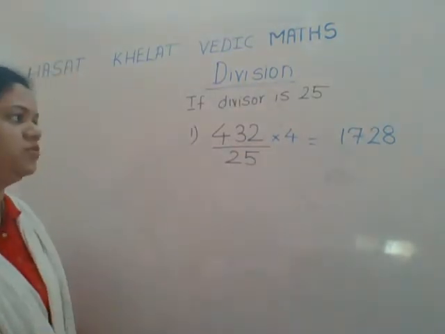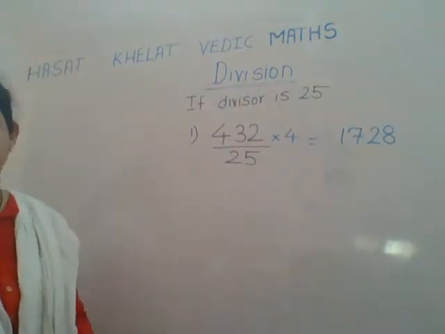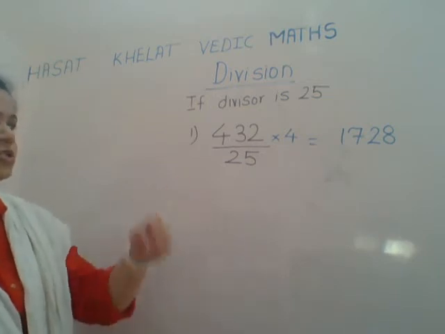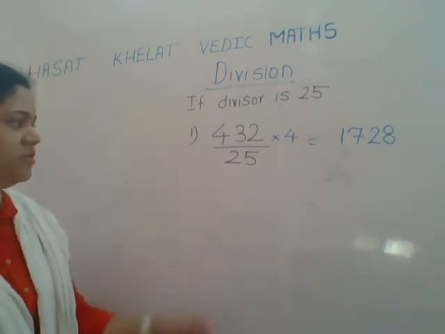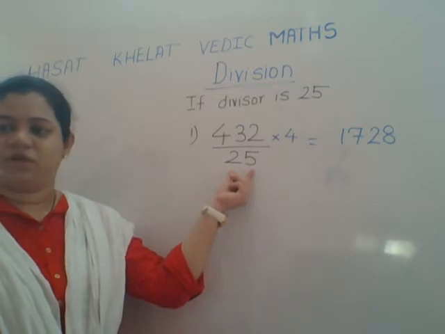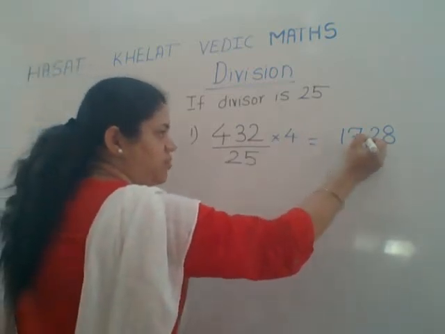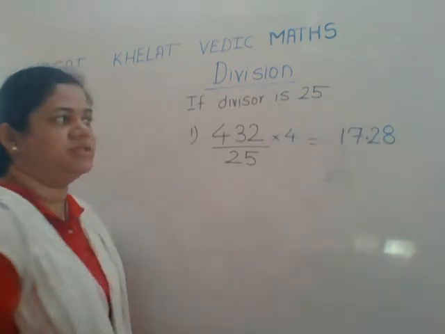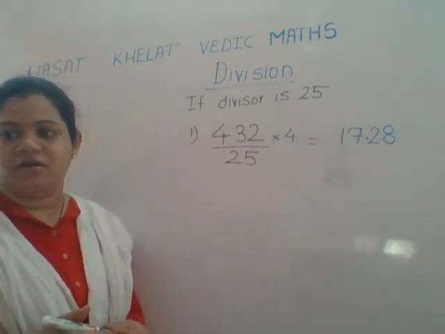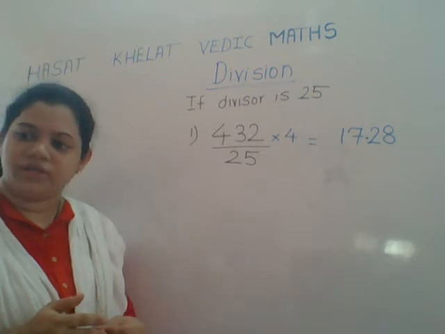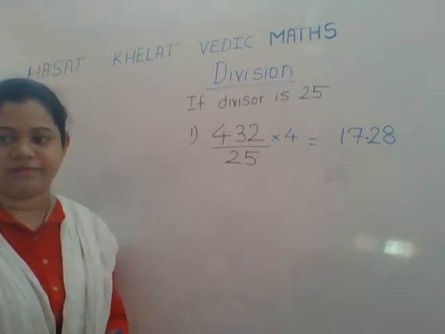After multiplication, we got 1728. Now, where should the decimal point be? Here there are two digits in 25, so the decimal point will be after two digits from the right-hand side.